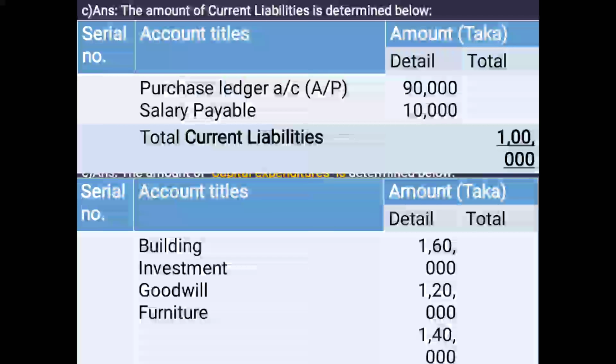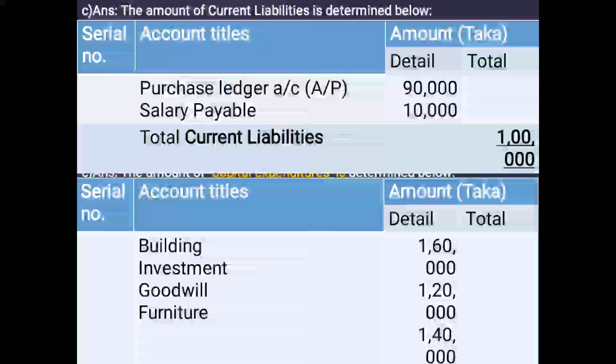A second box or second format is available for capital expenditures, that is fixed assets and long-term investment. Dear learners, totally two categories of items are related to capital expenditure. The first one is fixed asset or long-term asset, another one is long-term investment.